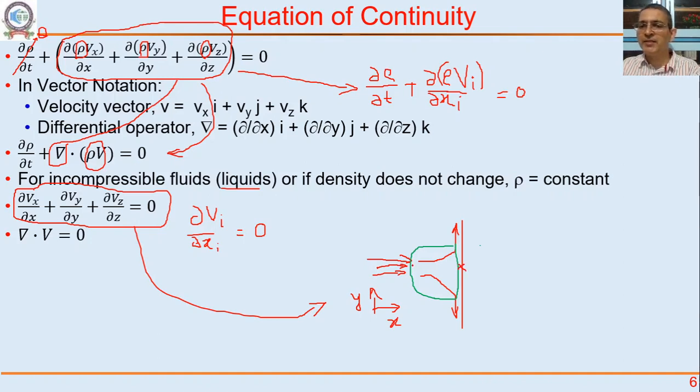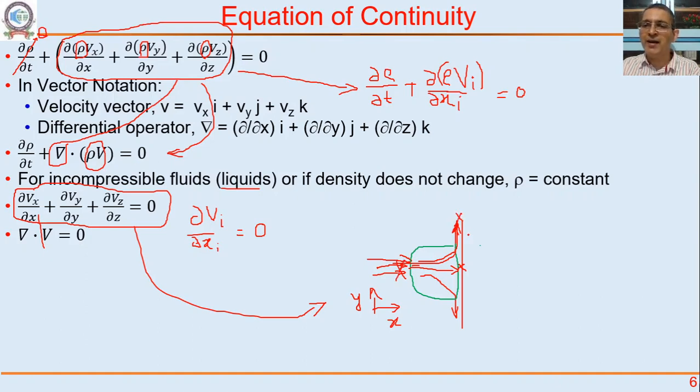That means Vx is changing in this control volume. Vx is changing with x. That means this is non-zero. If del Vx by del x is non-zero, either it will lead to del Vy by del y or del Vz by del z, or both. Which means now fluid is going in the y direction. This is Vy. So Vy was 0 here, Vy is some value here.